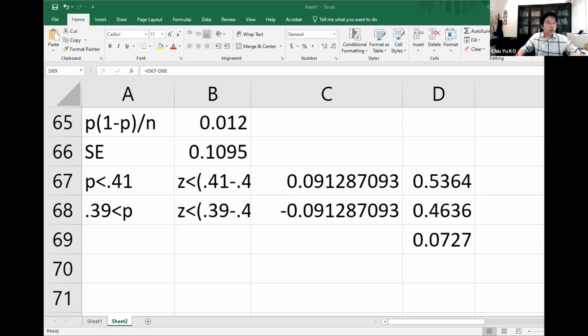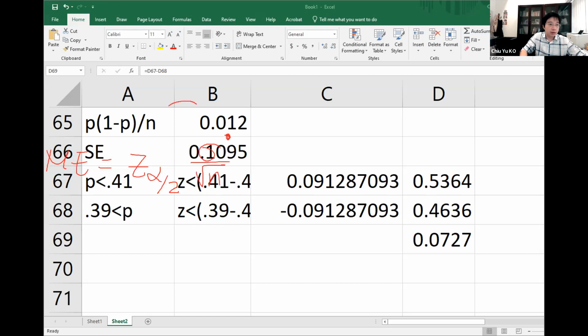So the next one would not be too difficult. It's asking for the margin of error. So ME will be Z of alpha over 2 times sigma over root n, right?